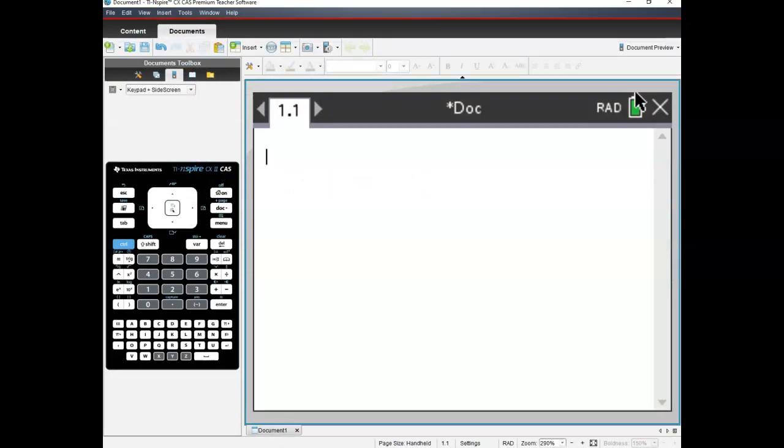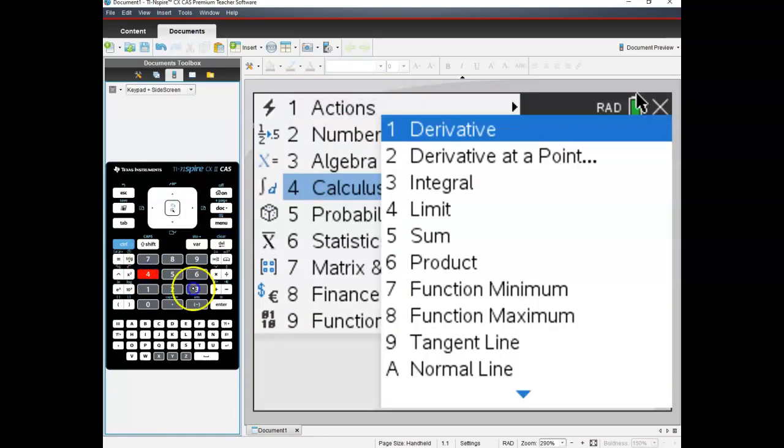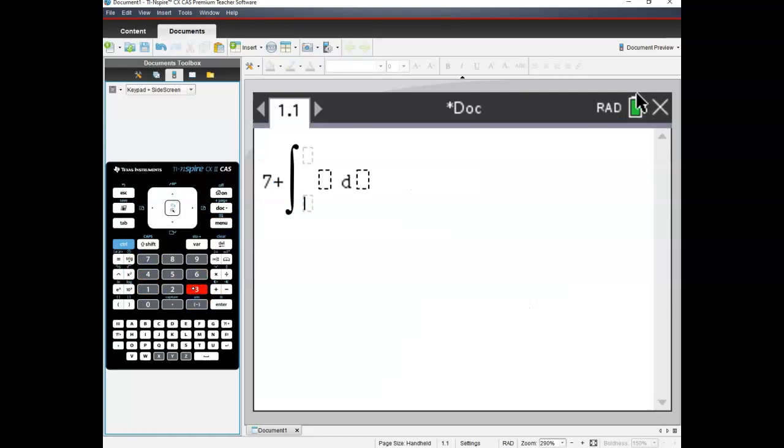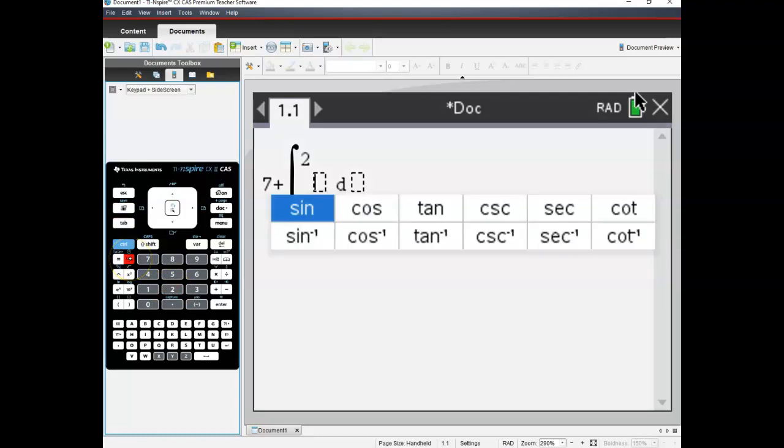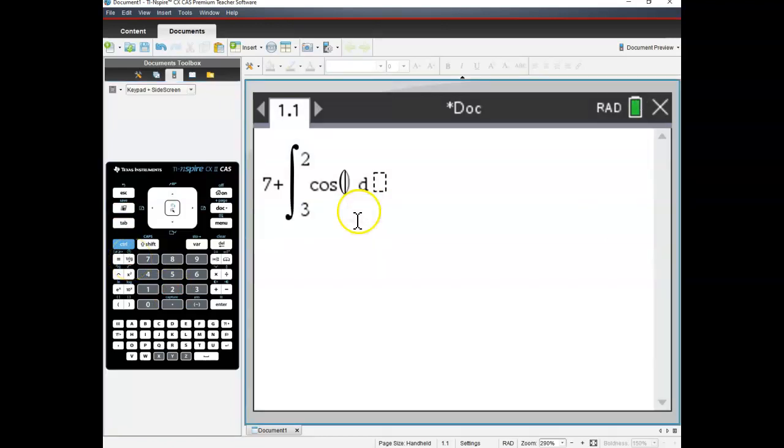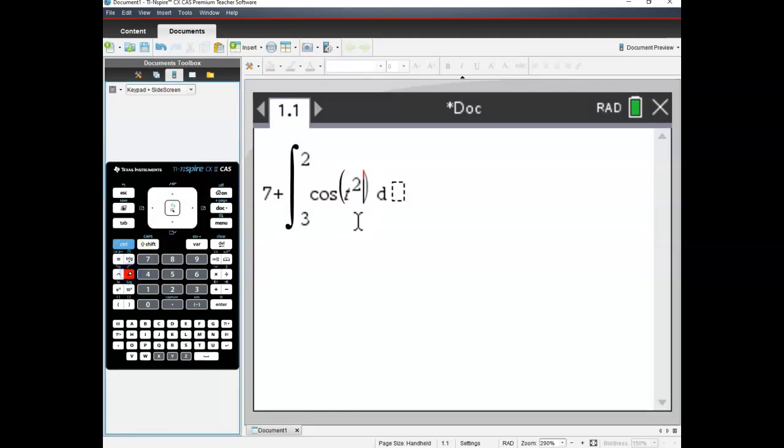We say, menu 4, 3. Let me get to the right page here because I already forgot my function. We're going from 3, tab, to 2, tab, of my cosine t squared, tab, dt, and I'm going to give it the old control approximate.